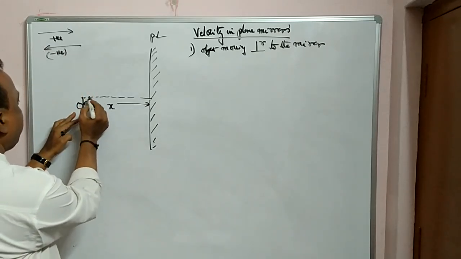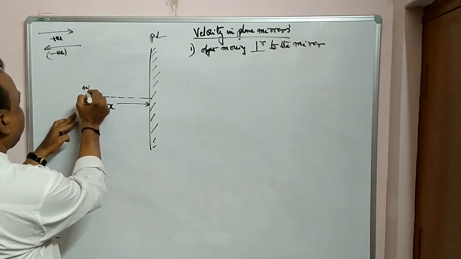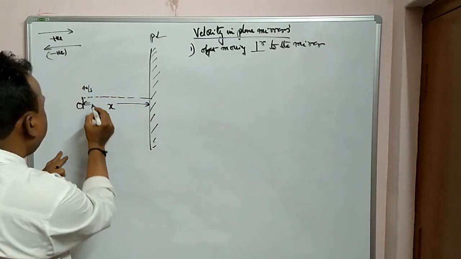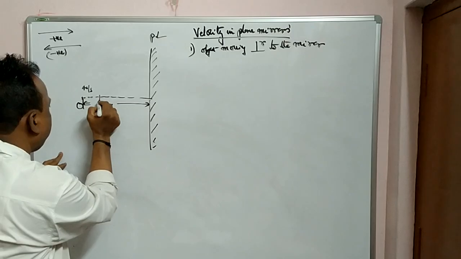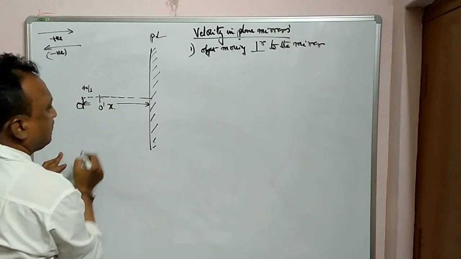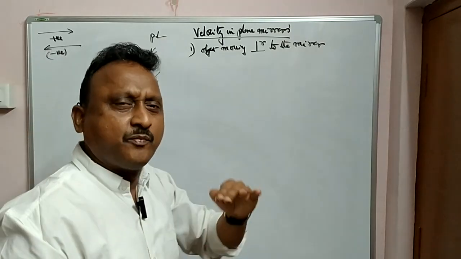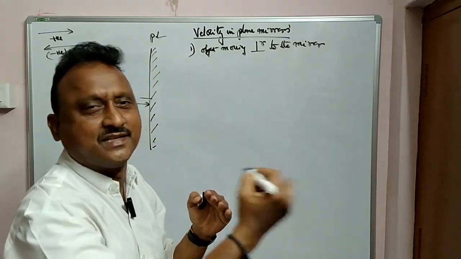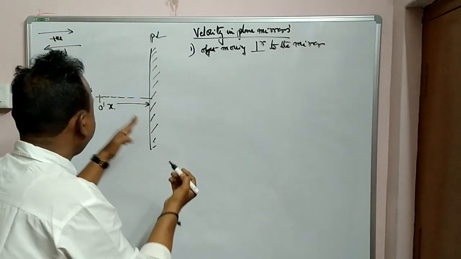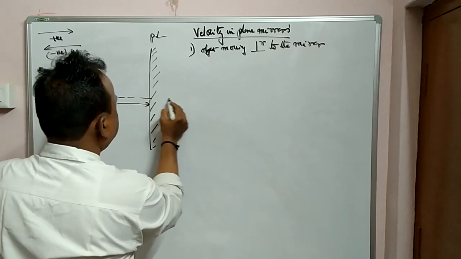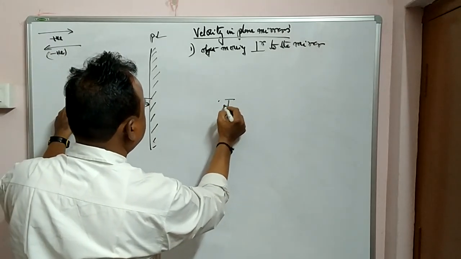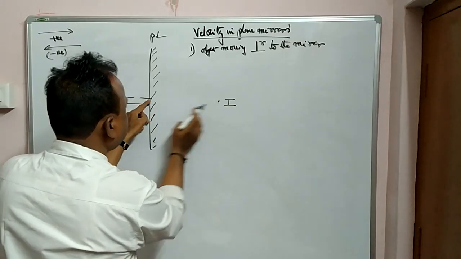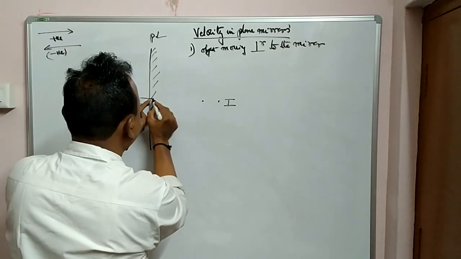Here the object, for example, say is moving 4 meters per second towards the mirror, perpendicular to it. That means in one second, for example, 4 meters, it comes from here to here. Just now I told you the properties of plane mirror. Object is here, image is formed here. Now the object has moved 4 meters, so the image has also come accordingly.